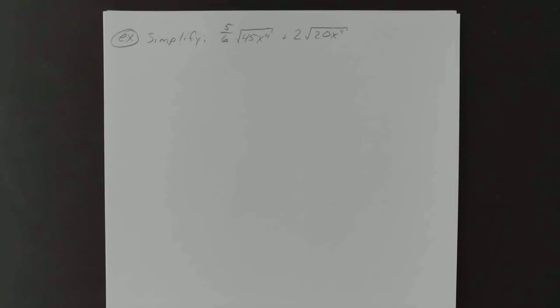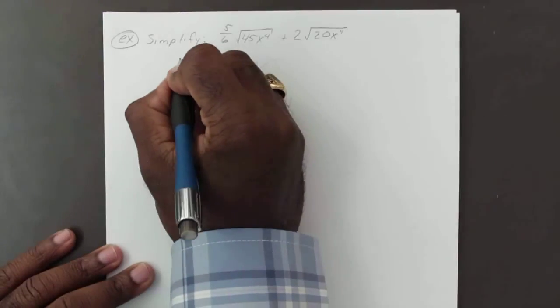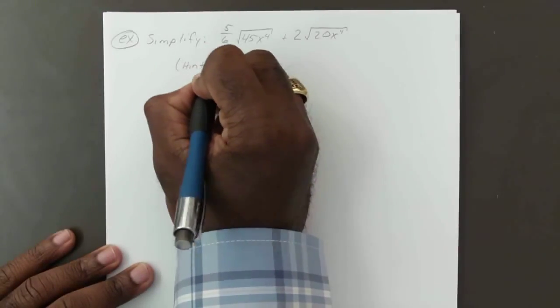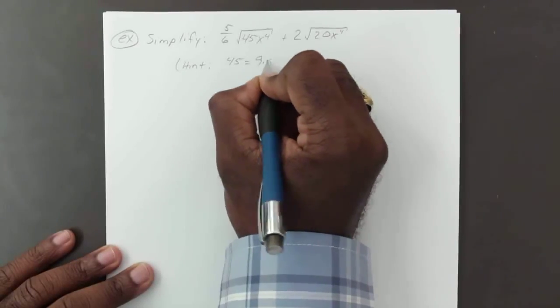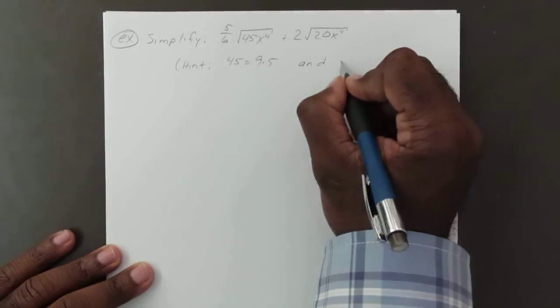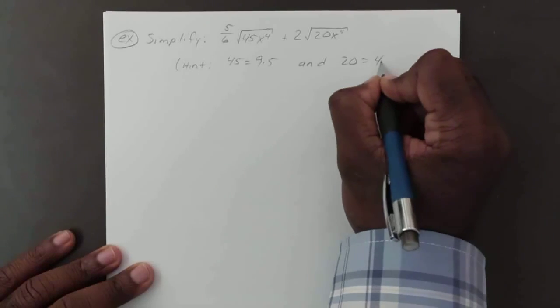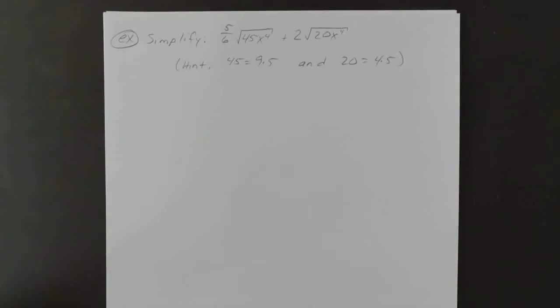I'll give you a few minutes to start on that one. I'll give you a quick hint just to get you started. Remember, 45 is equal to 9 times 5, and 20 is equal to 4 times 5. Bless you. So that'll get you started.